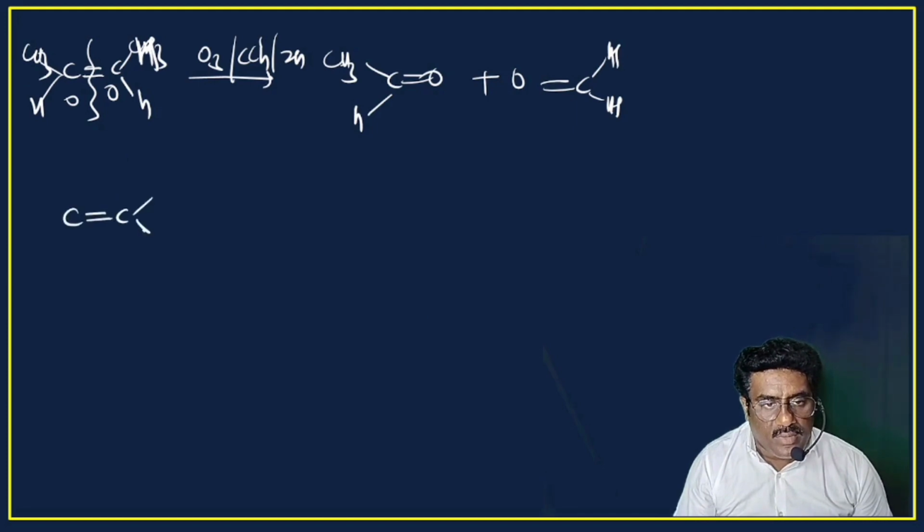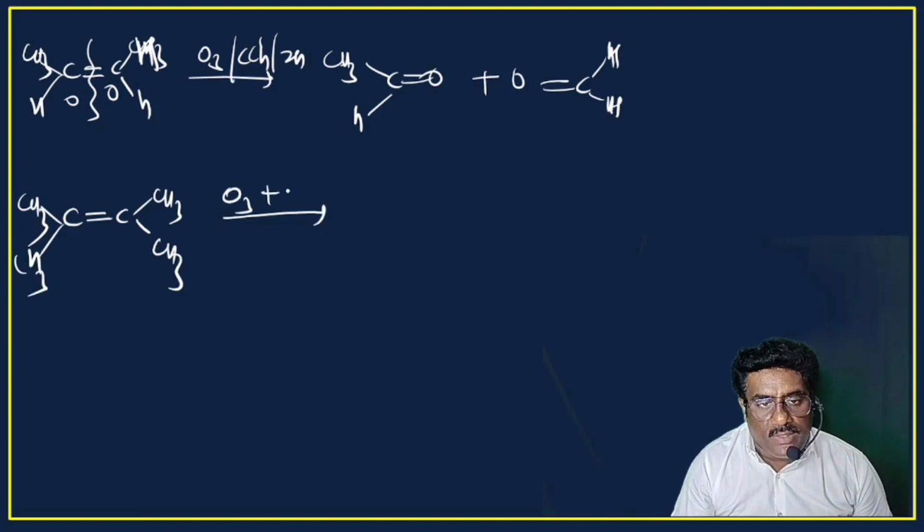Next, a carbon double bonded with CH3 and CH3 in presence of O3 plus CCl4 with zinc. Simply breaking of the pi bond, keeping of oxygen.